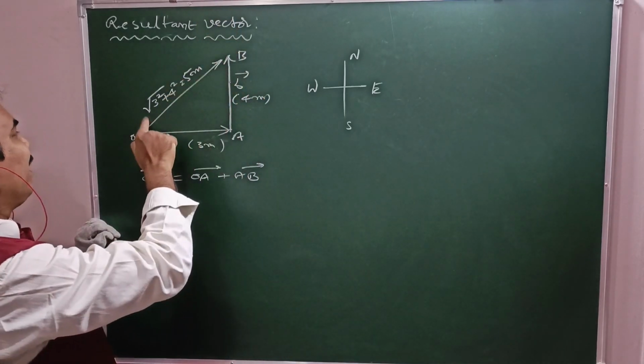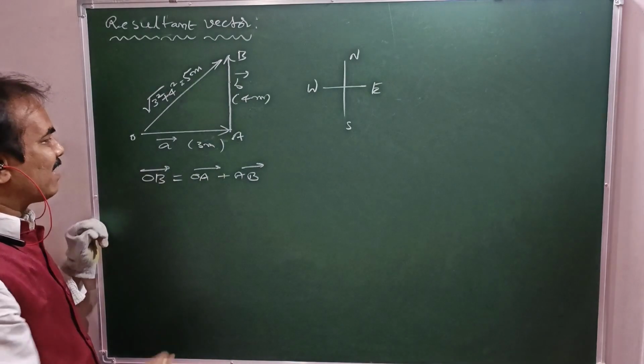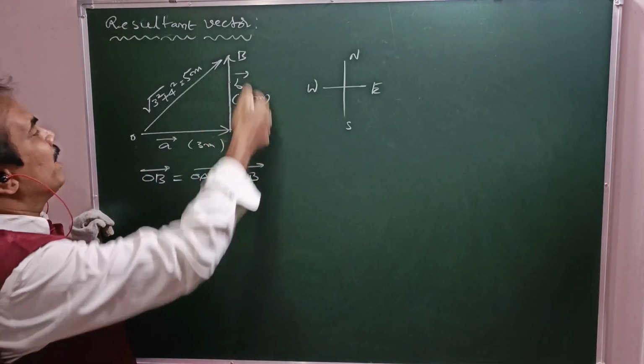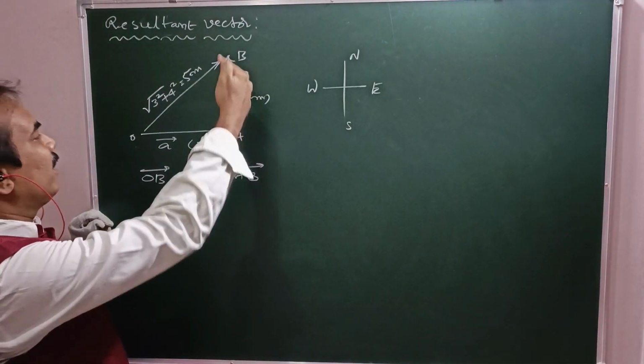This is the resultant vector. OB bar is the resultant of OA bar and AB bar.